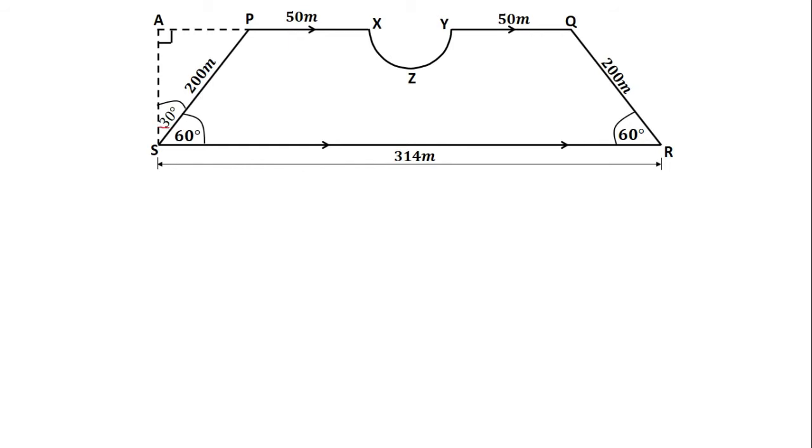So since the angle that will be formed here is 90 degrees, if what you have here is 60 degrees, then this angle here will be 30 degrees. Okay. Now look at something.